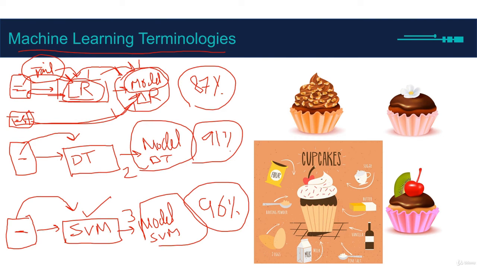The model was created after the logistic regression learned from the data, found the patterns. Then I will feed the test data. Logistic regression didn't see the test data because I was training only with the training data, okay? And then I will have the accuracy of how accurate the model is on this test data.